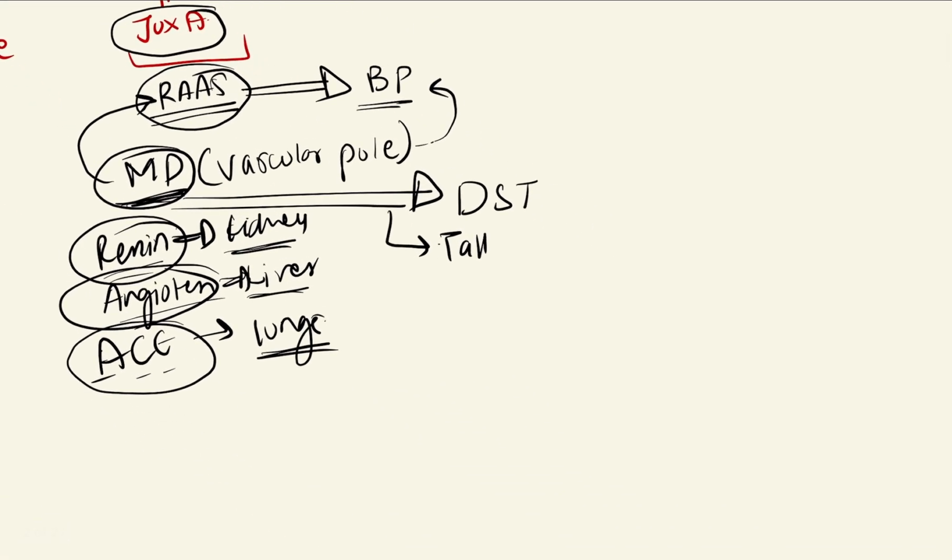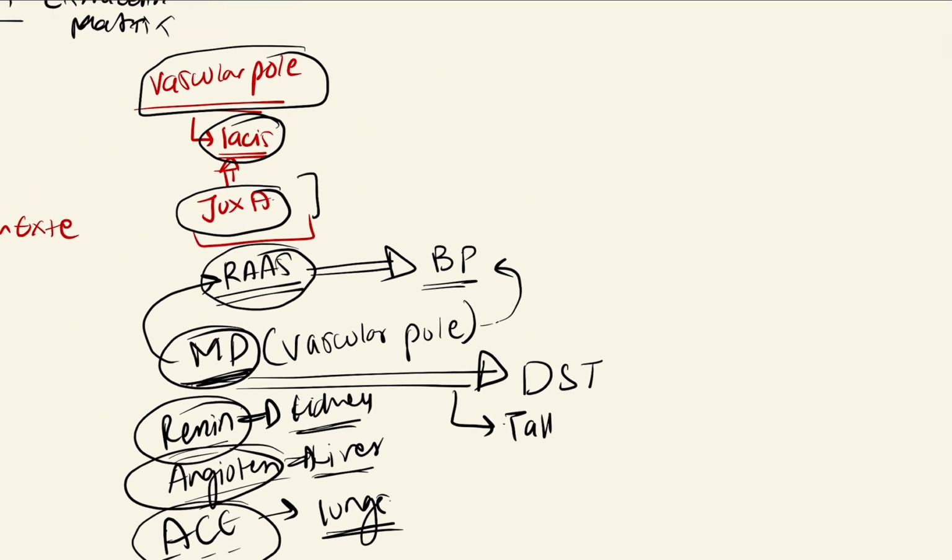Okay, juxta, and then there is presence of one more cell, which we have already learned about, which is the juxtaglomerular cells. Okay, if they want to be stained, they need special stains.